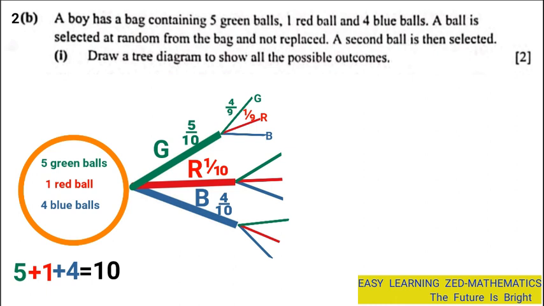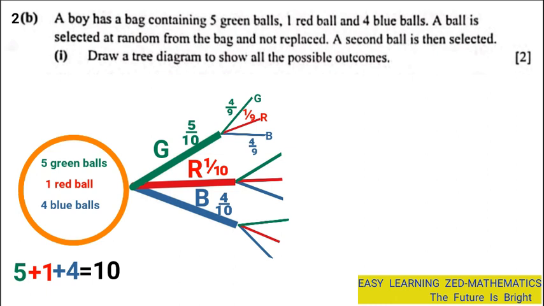Okay, now what will be the probability of picking a blue ball when a green ball was picked at first? So in the bag there is still 4 blue balls. That means the probability of picking a blue ball in the second selection is 4 over 9. Okay, why 9? Because at first we picked a green ball. That means in the bag there only remained 9 balls. Okay, so the probability will be 4 over 9.